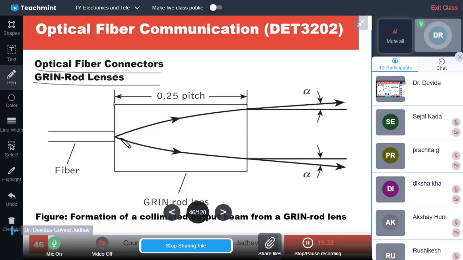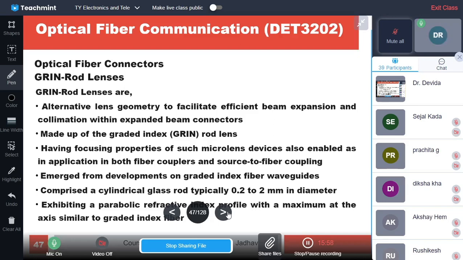Due to the graded index profile, the beams are sinusoidally adjusted. They can be collimated according to the pitch, but due to the practical limitation, it can have a slight divergence, which is called a divergence angle alpha, and that may vary from 1 degree to 5 degrees. So an alternative lens geometry is there, and it facilitates efficient beam expansion and collimation, and expanded beam connectors can be useful.